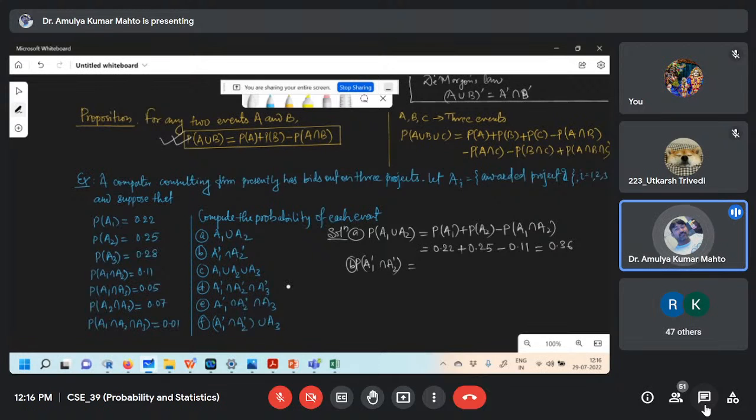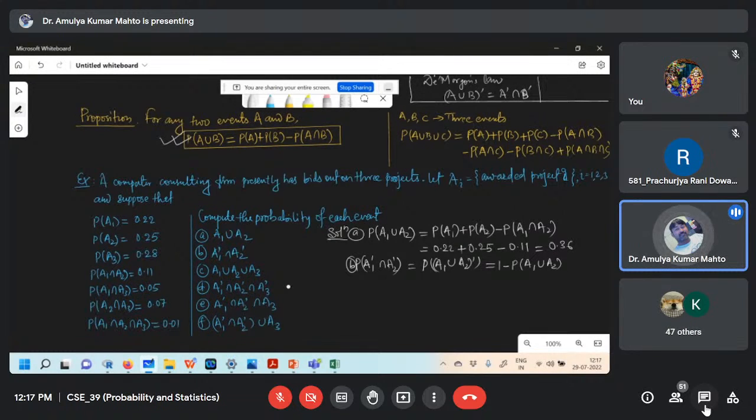So I am using this formula and I can write it as probability of A1 union A2 dash. Can I write like this? Using this formula? Yes, sir. Okay, so next you can write it as 1 minus probability of A1 union A2.